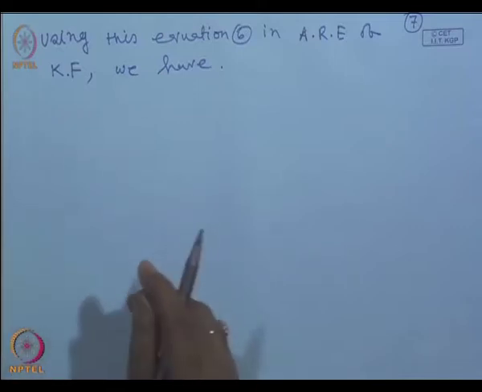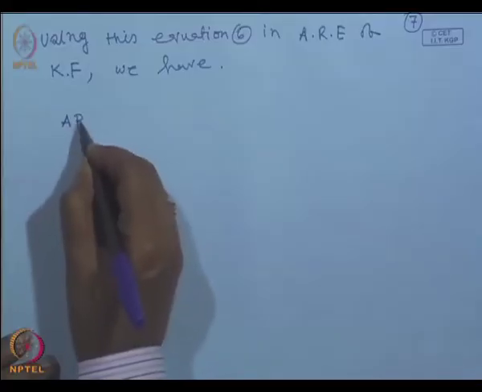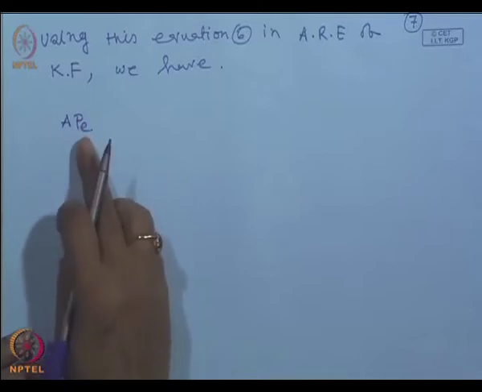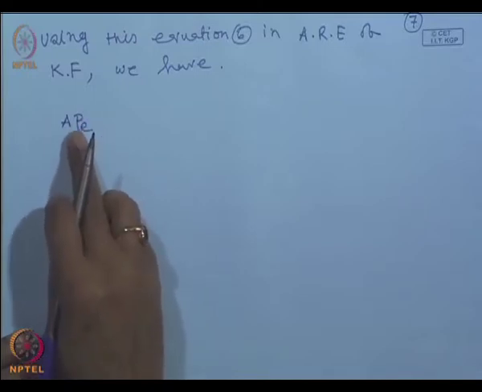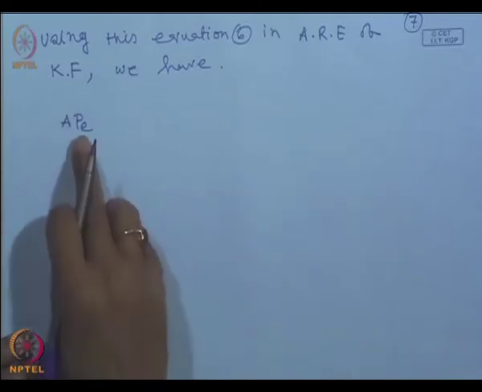It is the dual of the algebraic Riccati equation of controller design. So, here there is A transpose P, and here A transpose is replaced by A. So, A P E, the algebraic Riccati equation for the Kalman filter, where P E is the error covariance matrix.